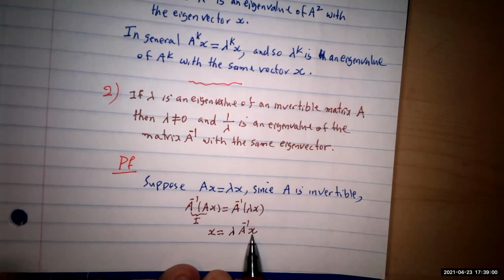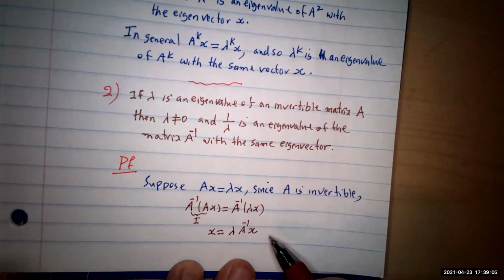Since X is a non-zero vector, this means lambda must be non-zero.